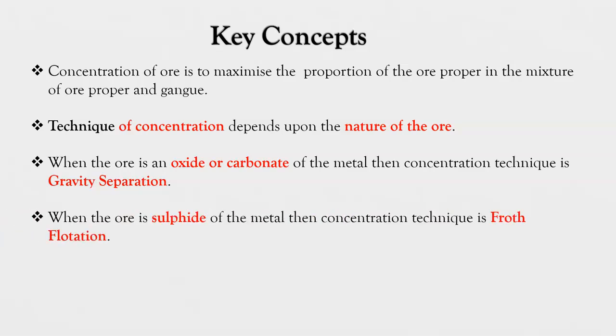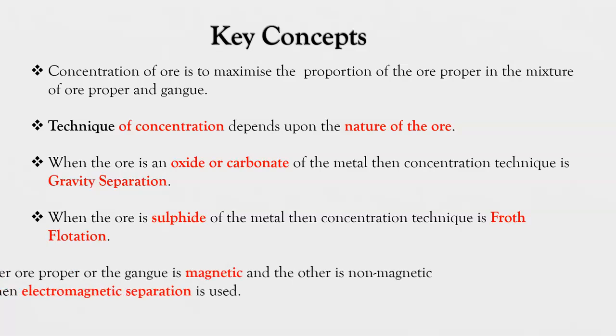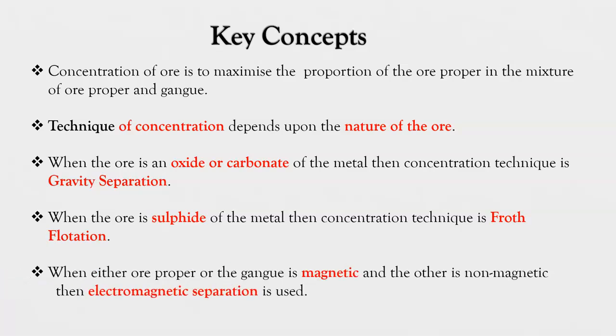But when the ore is sulfide of the metal, then the concentration technique is froth flotation. When either ore proper or the gangue is magnetic and the other is non-magnetic, then electromagnetic separation is used.